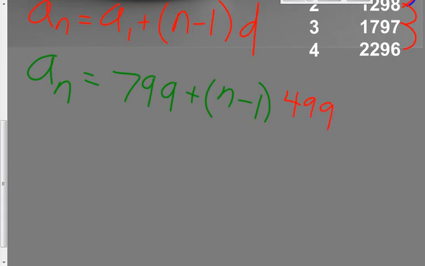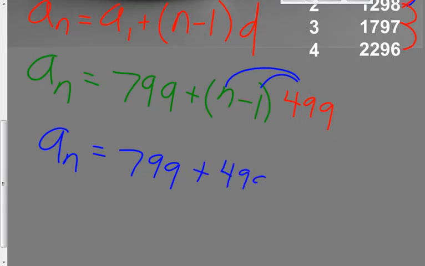So now let's clean up our formula a little bit by distributing this. So a sub n equals 799 plus 4.99n minus 4.99. So now combining like terms, 7.99 and minus 4.99 is a positive 3.